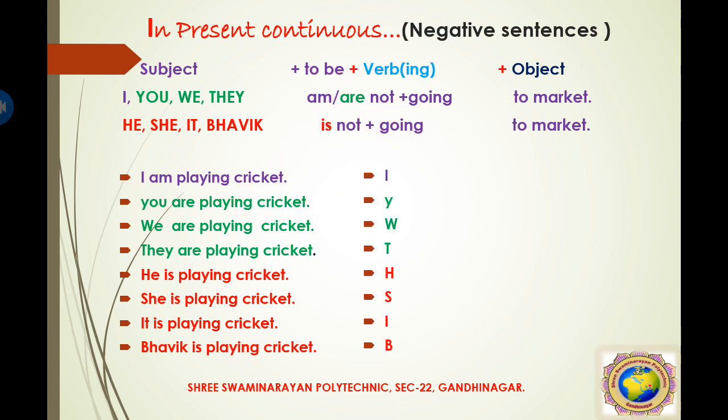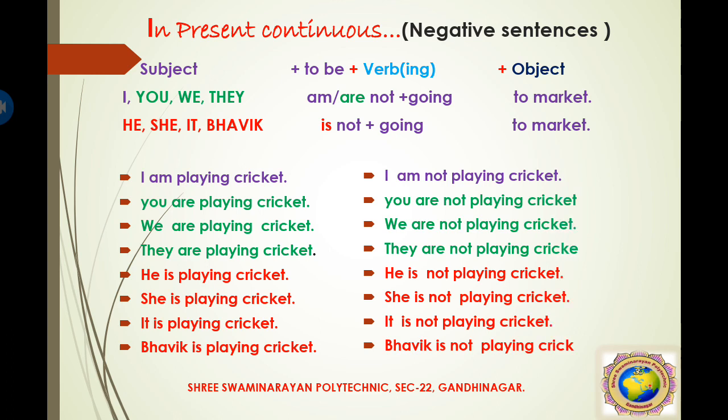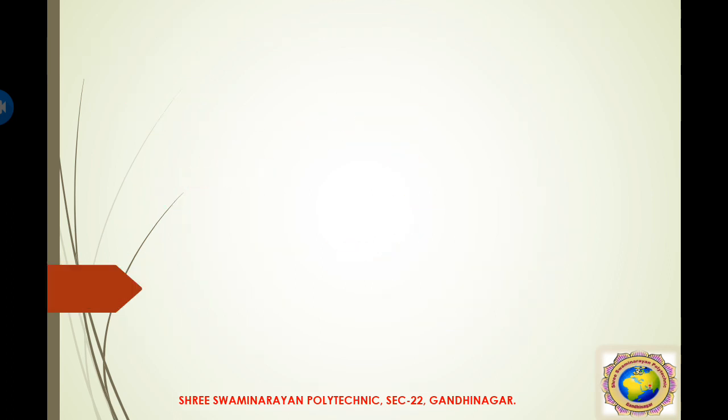So our sentences become I am not playing cricket, you are not playing cricket, we are not playing cricket, they are not playing cricket. In the same way, we just add the not. So this sentence becomes a negative sentence. It is very simple. You just add not to the to be form or helping verb.